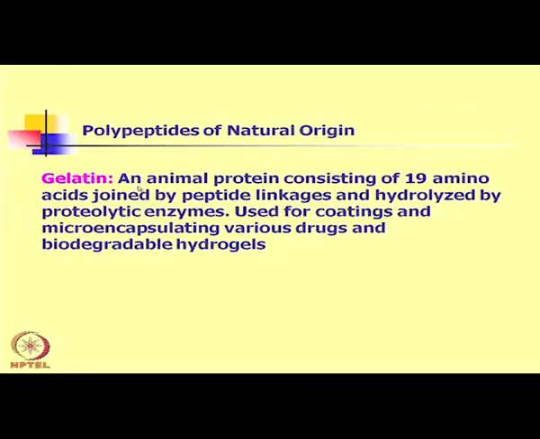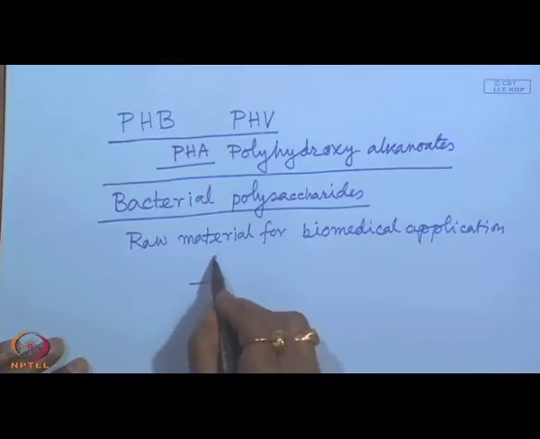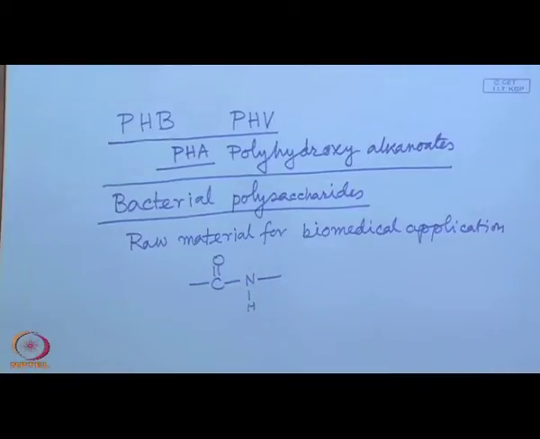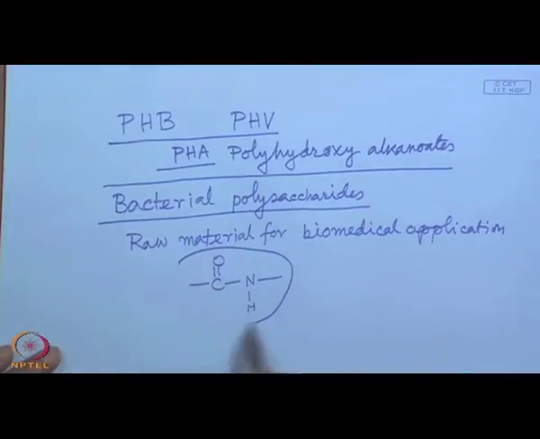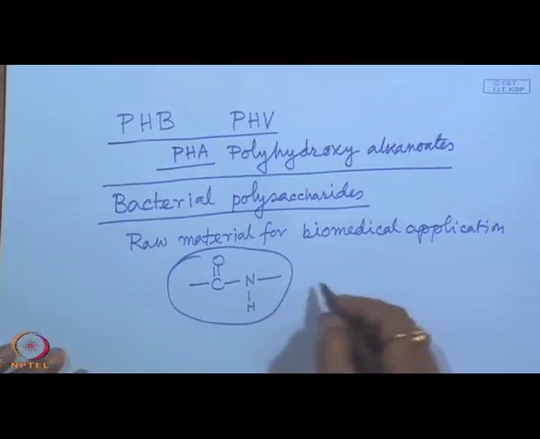About gelatin, gelatin is an animal protein consisting of 19 amino acids joined by peptide linkages. These are peptide linkages, and these peptide linkages are hydrolyzable.